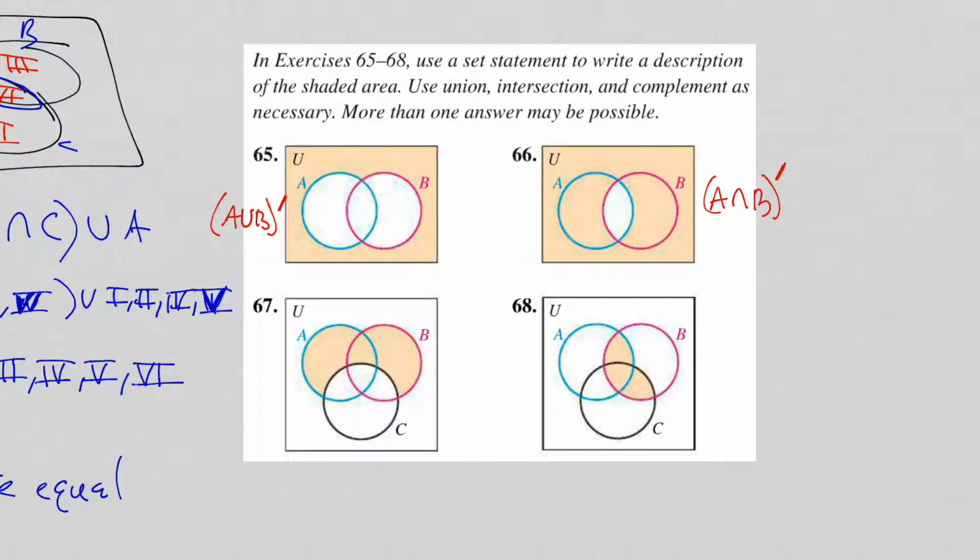Okay, so we can say A union B. Okay, but we need to go ahead and take out anything that has to do with C. So not C. So we need to go ahead and put parentheses around this one here. Okay.